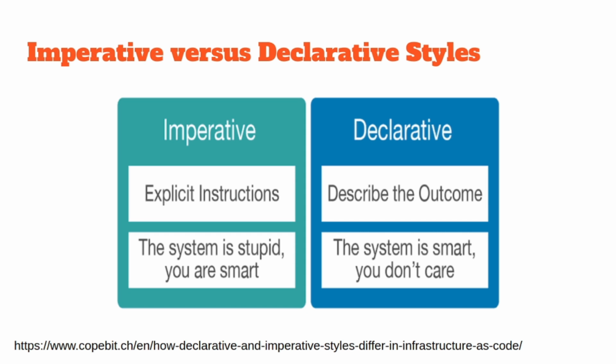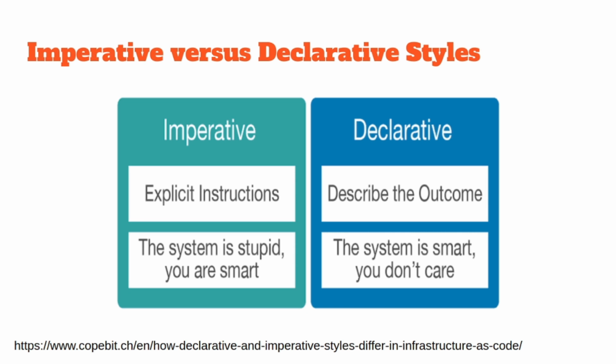By imperative, it means that we are giving explicit instructions of what the program statements should do, and we treat the system as if it is a stupid system, and we treat ourselves as a smart guy who programs all this stuff.